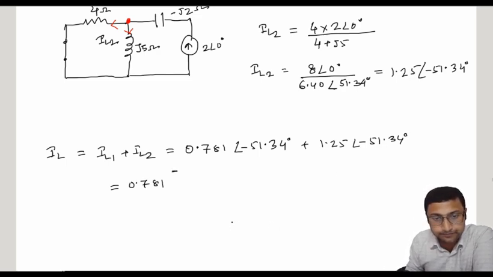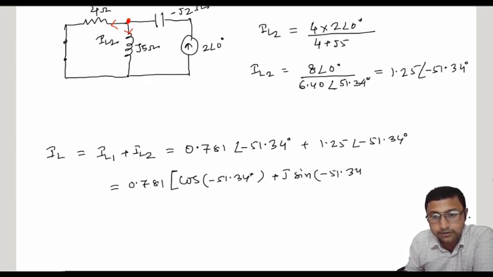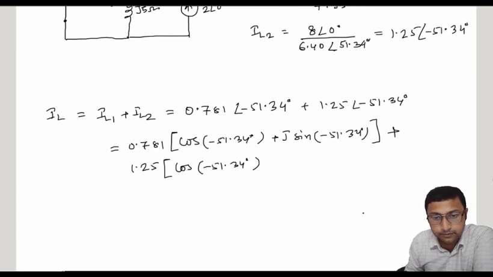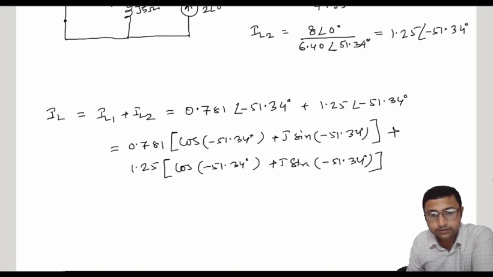So simply cos of this angle minus 51.34 degree plus J sin minus 51.34 degree, and again for the IL2, 1.25, the angle is similar, 51.34 degree plus J sin minus 51.34 degree.